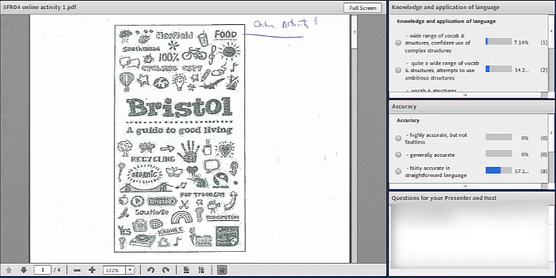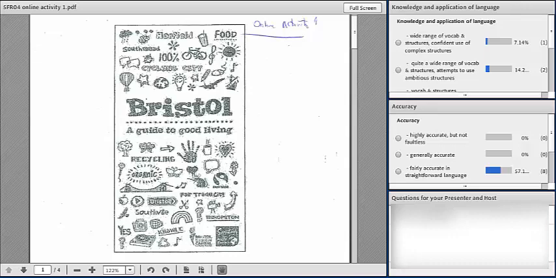Excuse me for that hesitation. The mark which was actually awarded for knowledge and application of language was 5, because the control and the variety of the language wasn't that convincing, but it was relevant. There was relevant vocabulary, but quite standard for the topic.